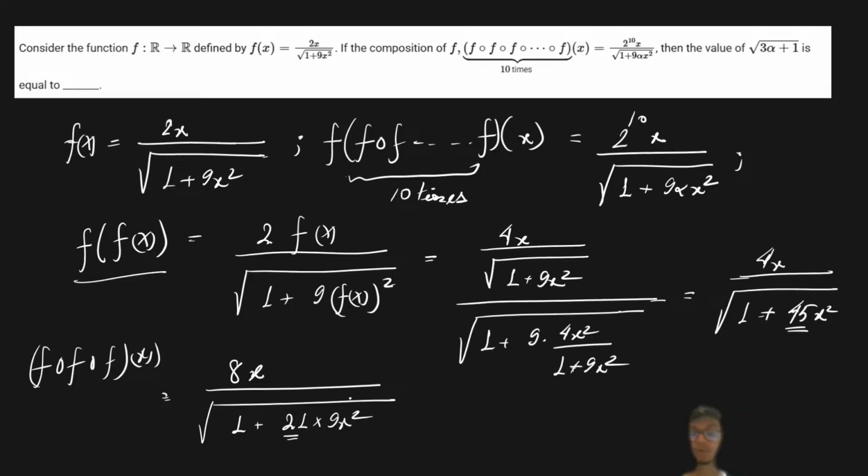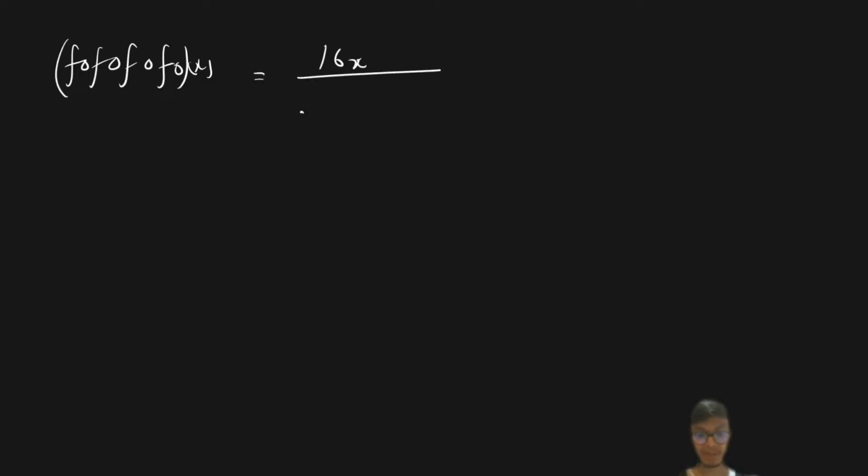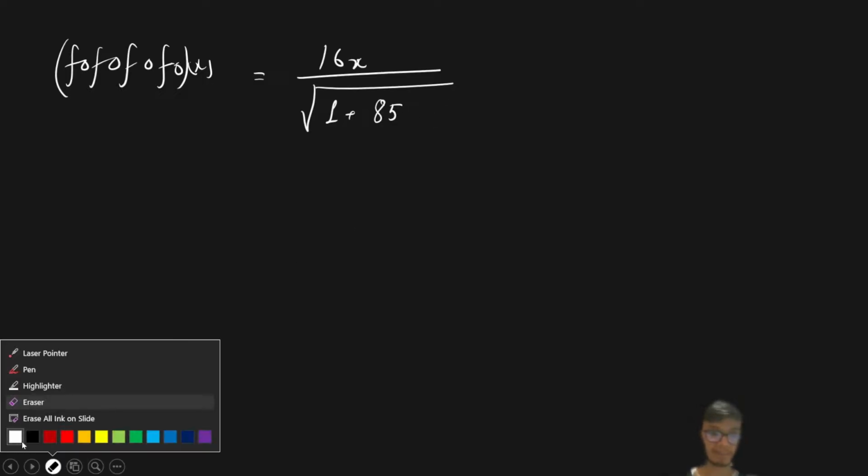Similarly, if I go on 4 times, this is going to be equal to 16x upon square root of 1 plus 85 times 9x square.